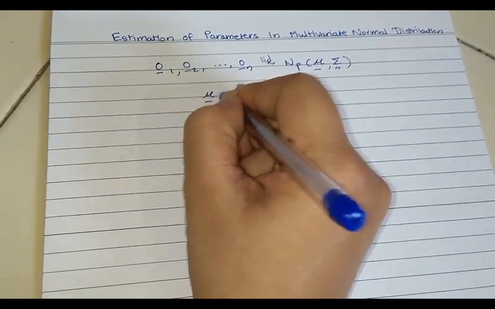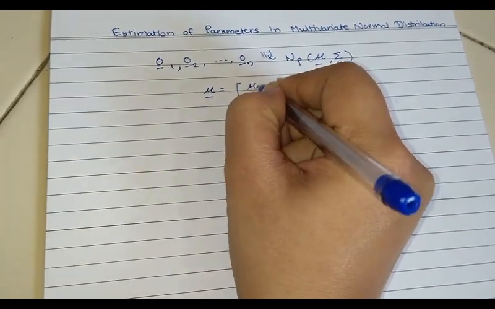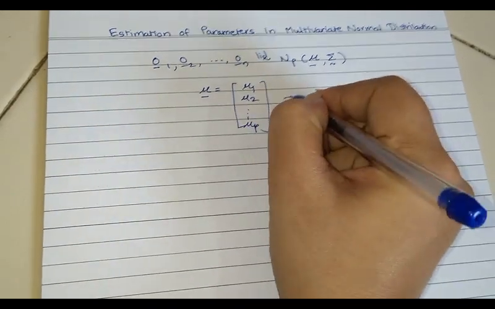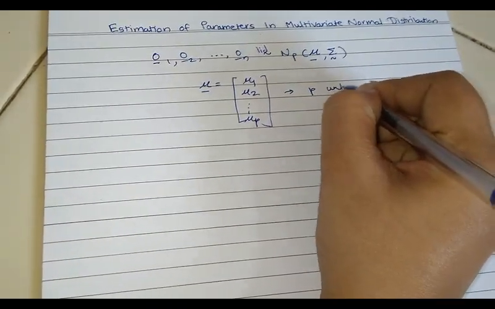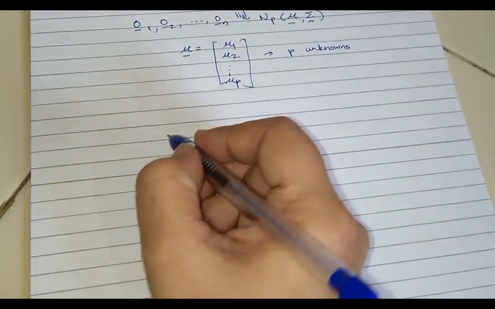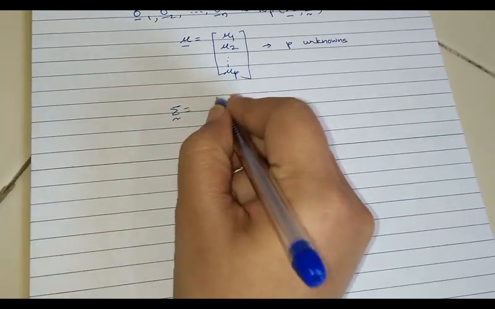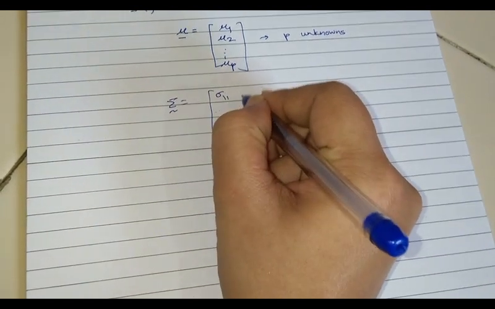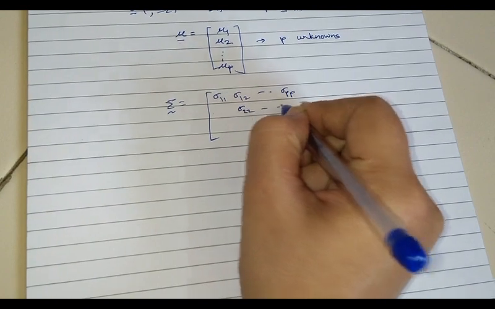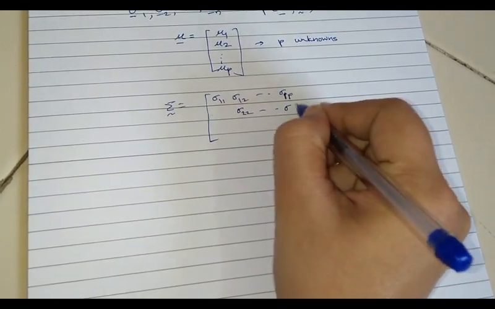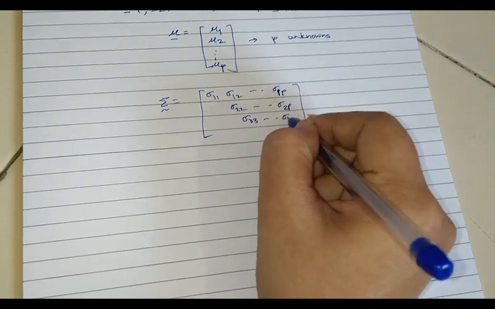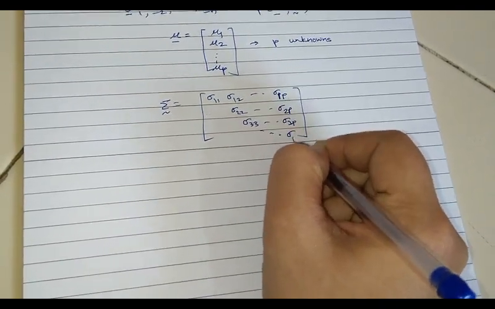So what I know is in this mean vector mu, I have mu1, mu2, mu p. So basically I have p unknown parameters here, and in the variance covariance matrix sigma, I have sigma 11, sigma 12, sigma 1p, then sigma 2p, sigma 3p, up to sigma pp.